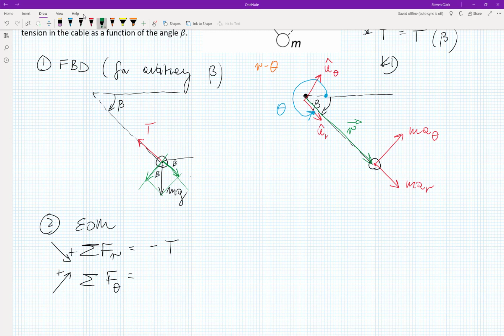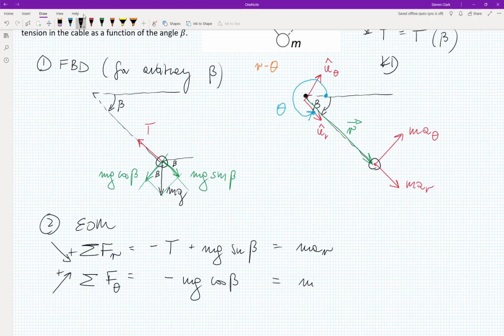So this one will be mg sine beta, and this one will be mg cosine beta. Okay, so in here I will have plus mg sine beta, and this is equal to m a_r. And this one will be minus mg cosine beta, and this is equal to m a_theta. All right.